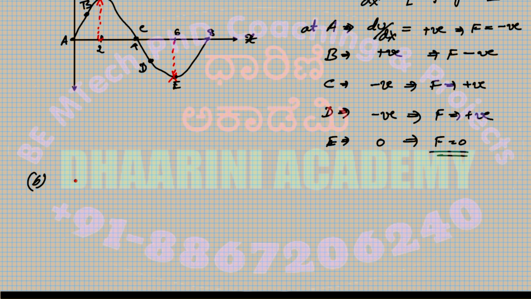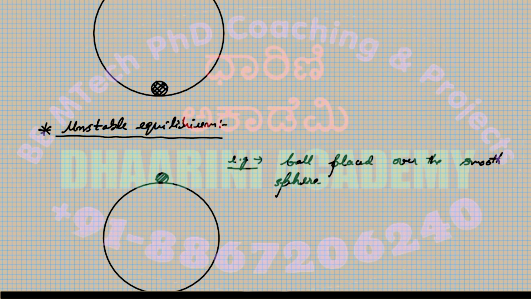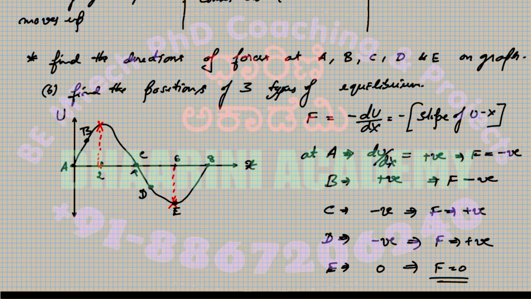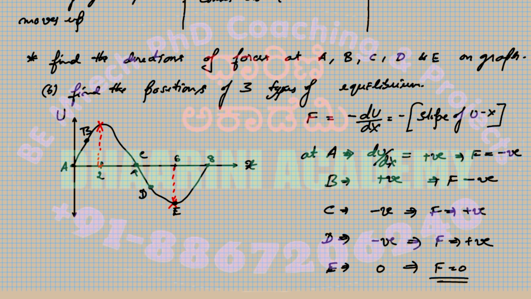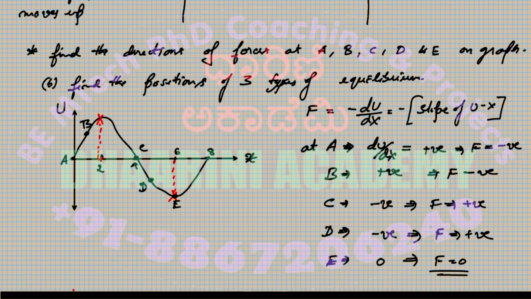So first I'll answer at x equal to 2. At x equal to 2, energy is maximum because it's at the highest point. So my mistake, I correct myself. At x equal to 2, the potential energy is maximum.